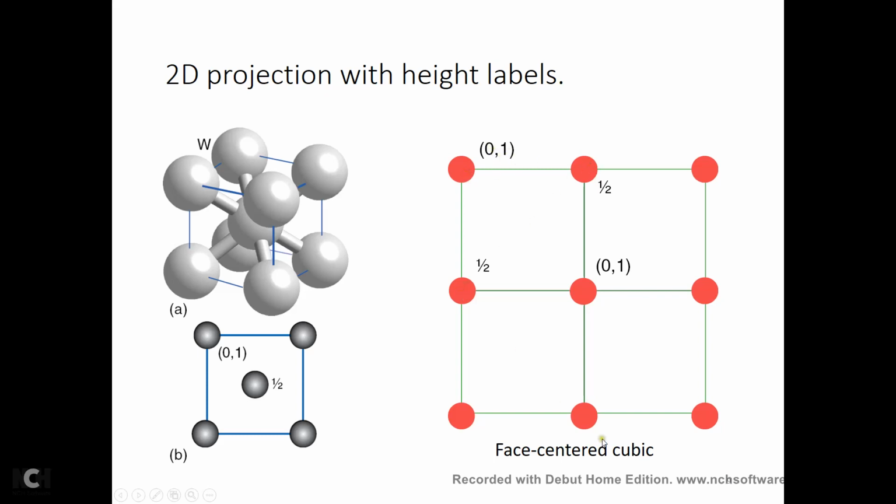And then what about the atoms on the faces? The height is half C here. So again, those numbers are simply telling you the coordinates of these atoms in the 3rd dimension, perpendicular to this screen.